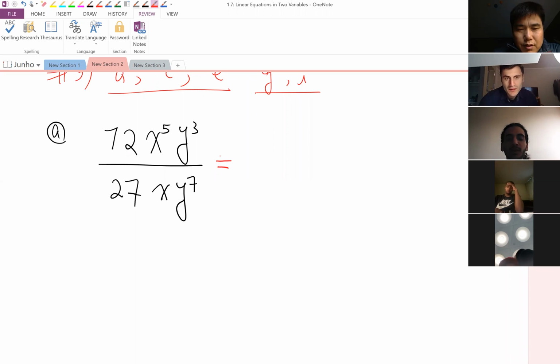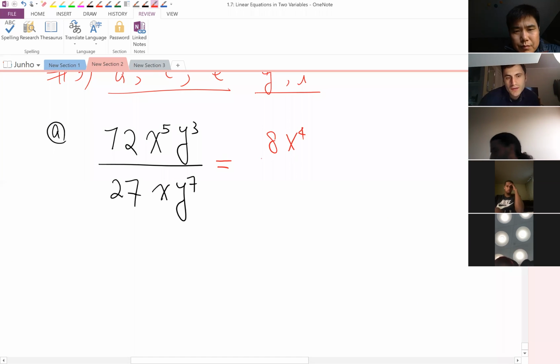I remember that x to the fifth when divided by x is x squared. And this one, y cubed divided by y to the seventh, is like 1 divided by y to the fourth. So basically it's going to be 8x to the fourth divided by 3y to the fourth.